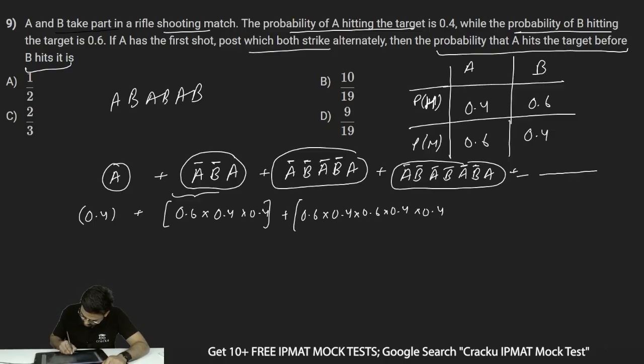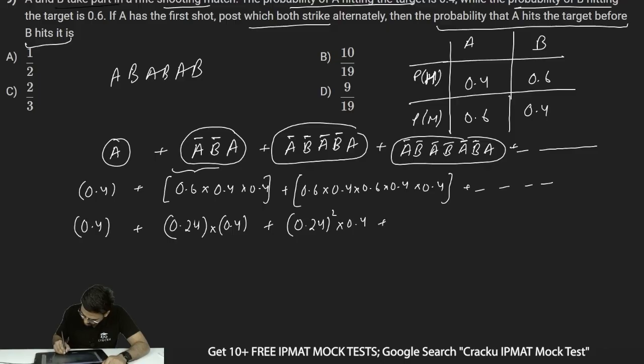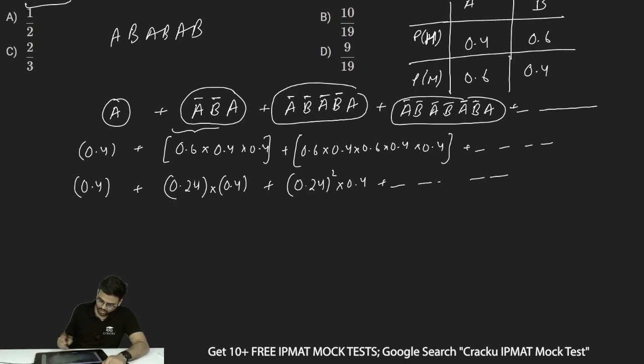So this will continue. Now this is 0.4 plus 0.24 into 0.4 plus 0.24 whole square into 0.4, and this will go up till infinity. So this is an infinite GP.